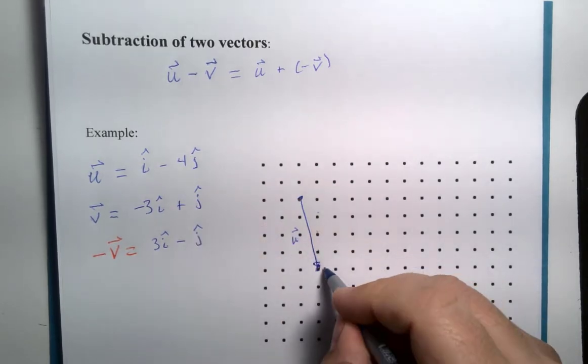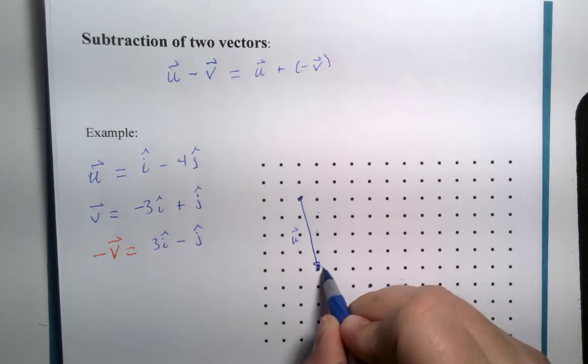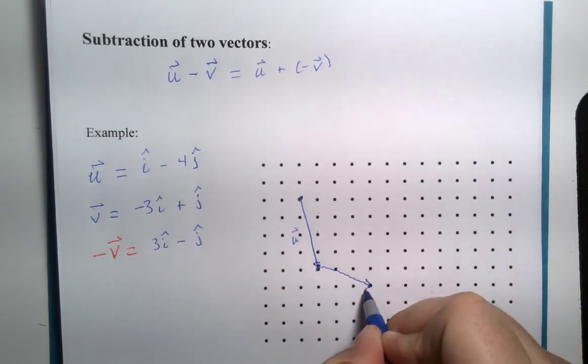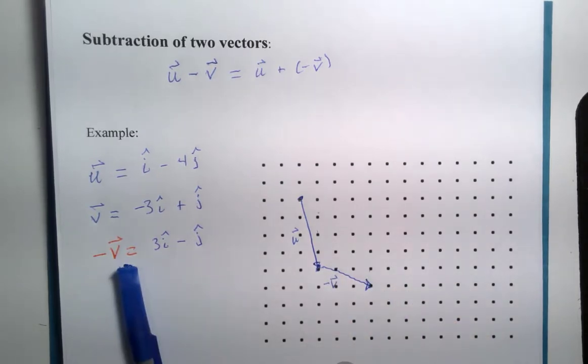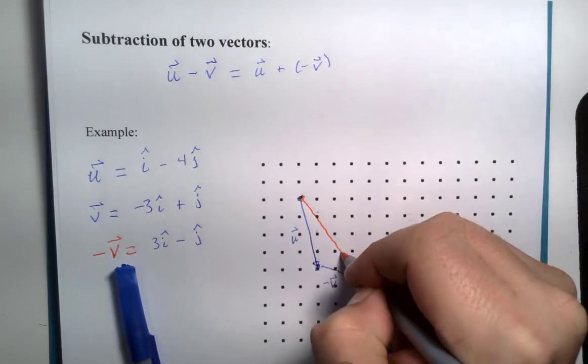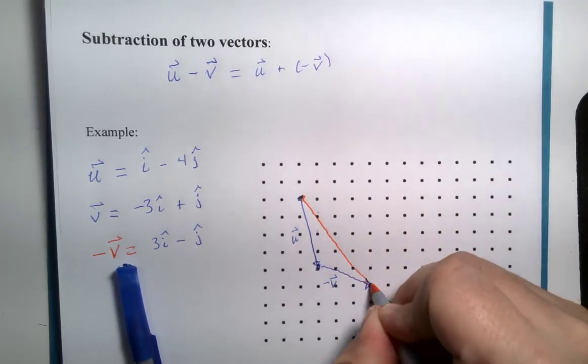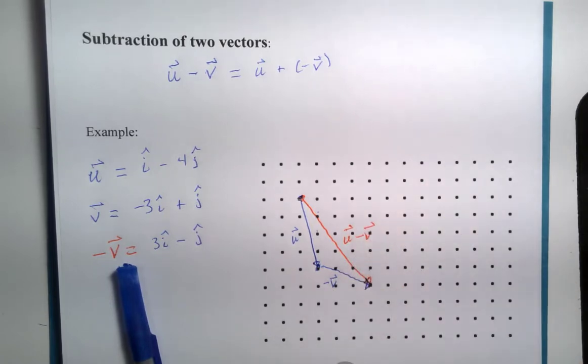So if I do that from here, 1, 2, 3 to the right and 1 unit down, that would be the opposite of vector v. And then using our, what was it called? Tip to tail method, then this would be adding the opposite vector. That would be vector u minus vector v.